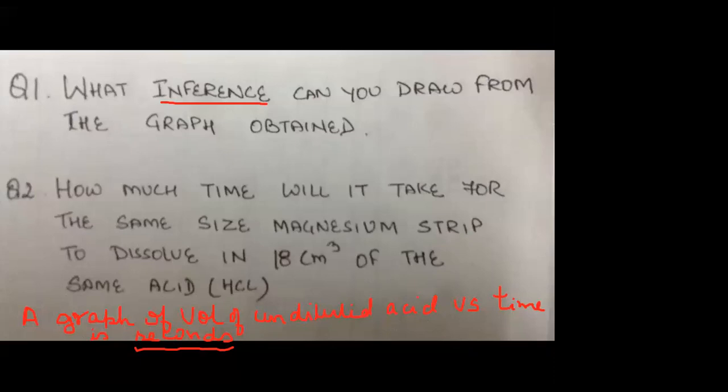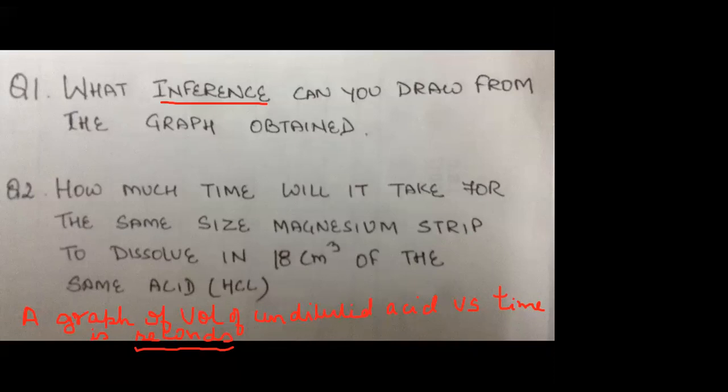The time taken for the magnesium strip in the subsequent experiments, as the concentration of HCl is diluted, becomes more and more. So either one of these sentences you can write to answer question number 1.